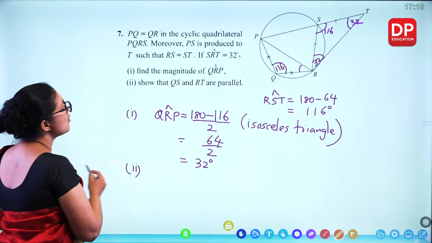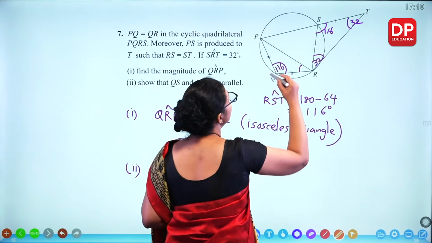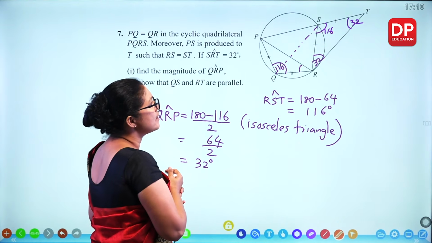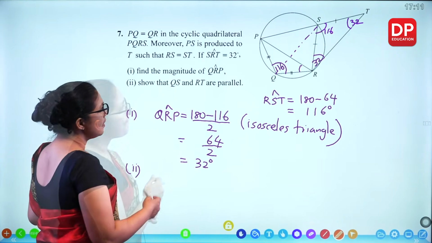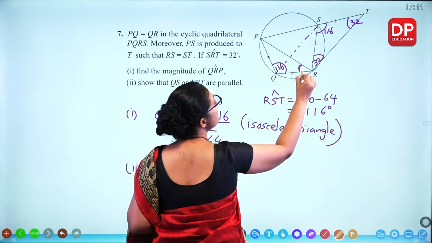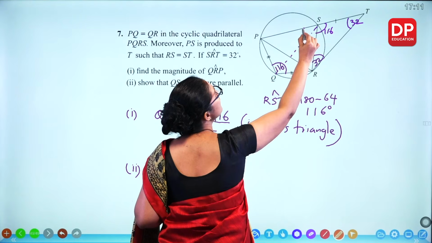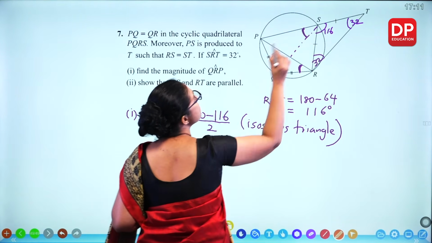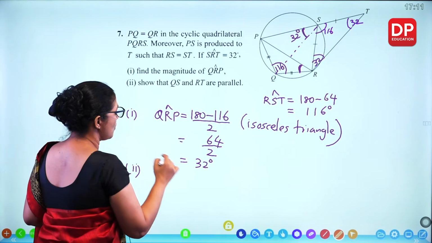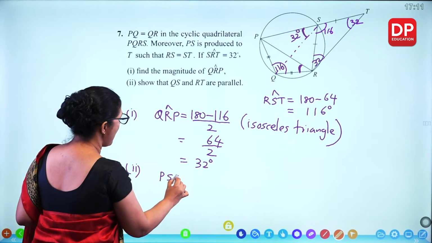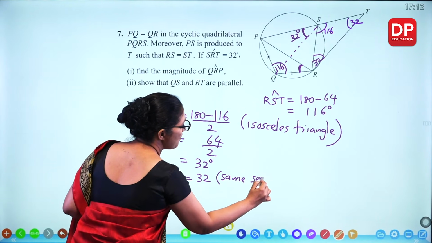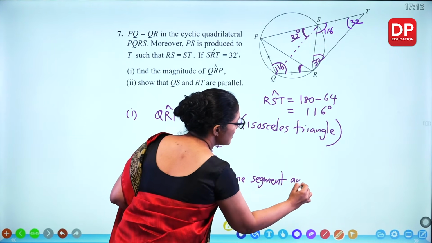Second part, show that QS and RT are parallel. These two are parallel. How can we show these two are parallel? Here we found out the QRP angle is 32. If this is 32, what's this angle? This is also 32. Same segment angles are equal. So I can write PSQ angle is also 32, same segment angles.